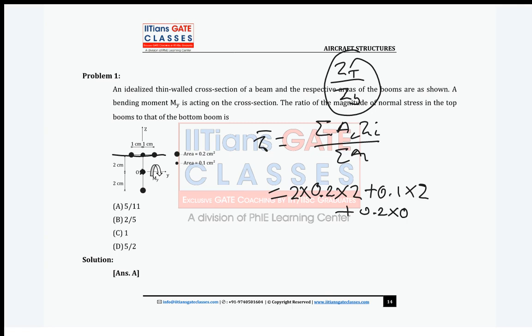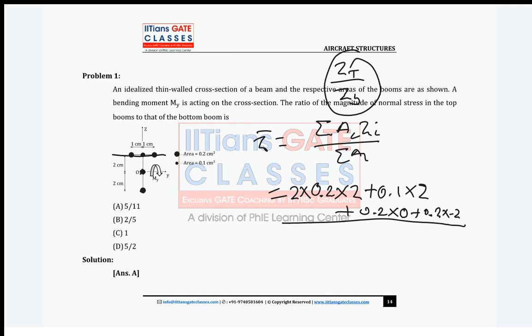Now the bottom boom. What is the area? 0.2. What is the distance for the bottom boom? Plus 2 or minus 2? From O, what is the distance, guys? It is minus 2. Upon, now the total area. What is the total area, guys?